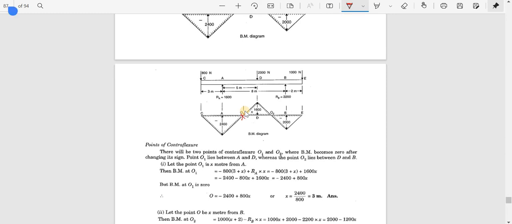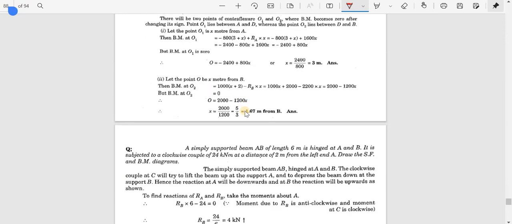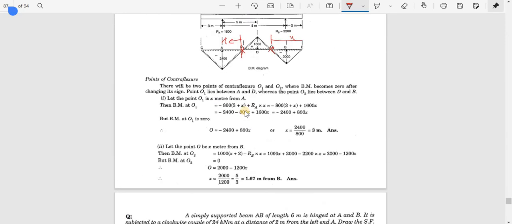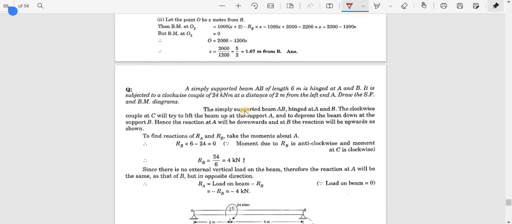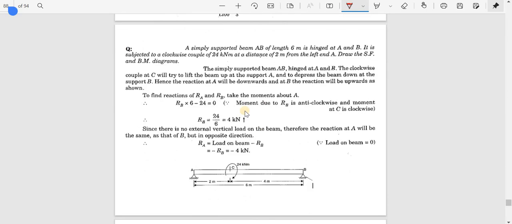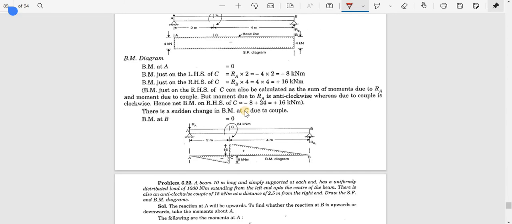You just have to take this as x, take the loads to this side, bending moment equal to 0, and you will be getting x. Again here also bending moment is equal to 0, and you will be getting the x. So likewise you can find out the bending moment and shear force diagram. Okay, so this is a way in which we can find out the bending moment and shear force diagram.